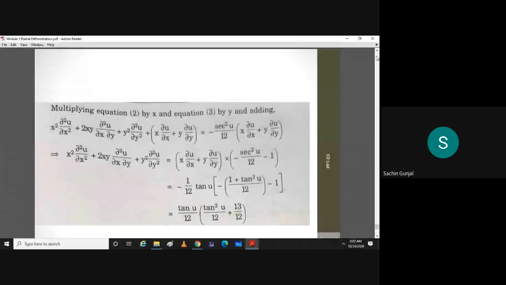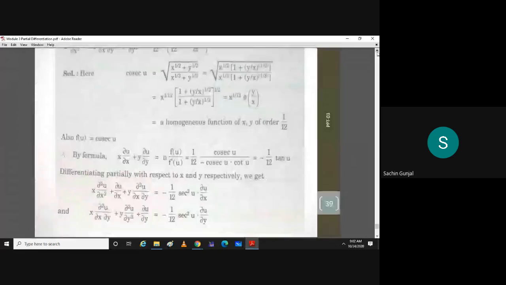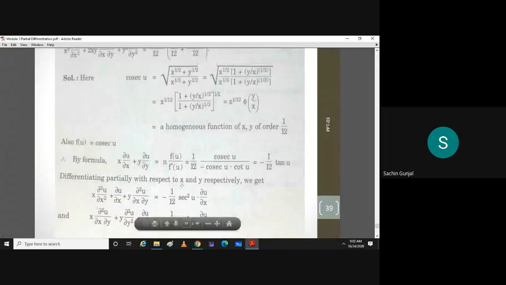Don't write down this solution, because it will be lengthy in the exam also if you do it by differentiating with respect to x and y. Copy up to this: x del u by del x plus y del u by del y equal to minus 1 by 12 tan u. I'll tell you what to write after that.